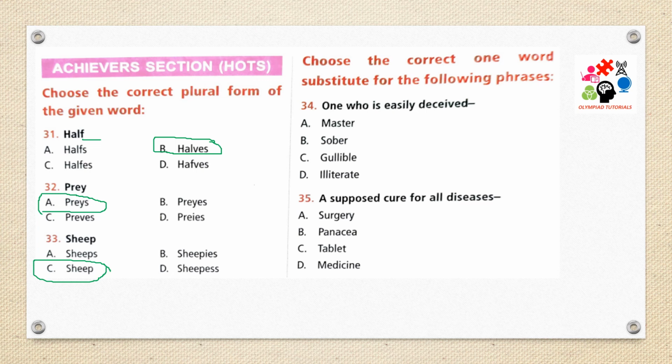So option C, gullible, is a person who is easily deceived. Deceived means to make a fool of. Next, number 35, a supposed cure for all disease. Surgery, panacea, tablet, medicine. So here panacea is the supposed cure for all diseases.